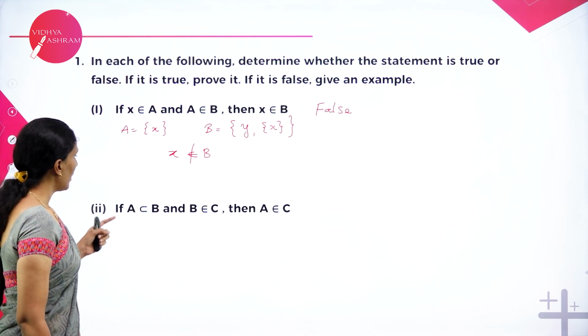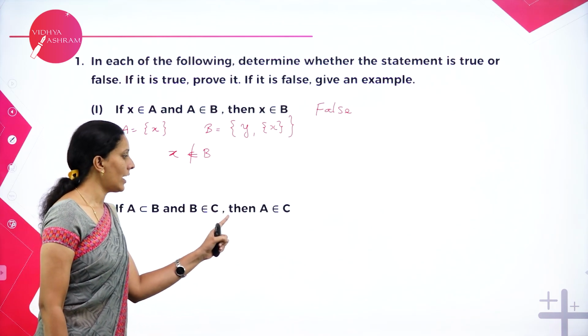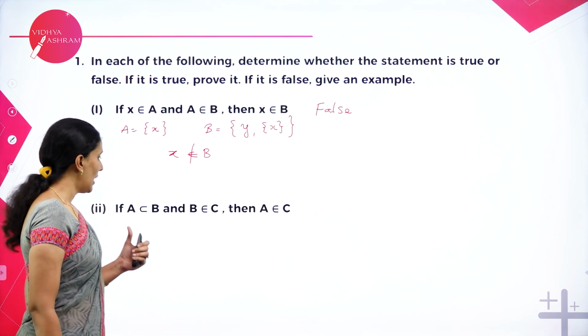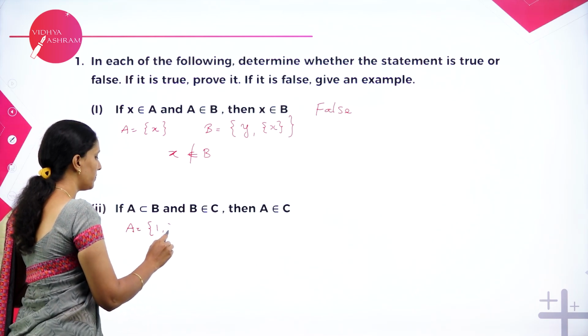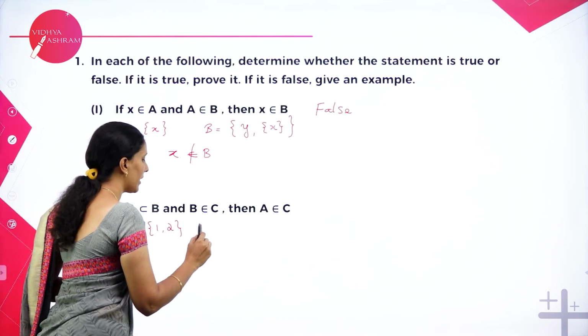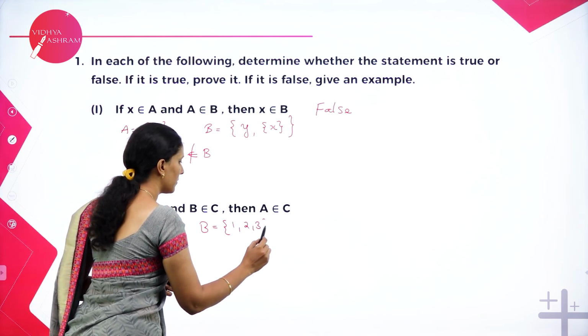Next one: if A is a subset of B and B belongs to C, then A belongs to C. Let me take set A as 1 and 2. Let me take set B as 1, 2, 3.